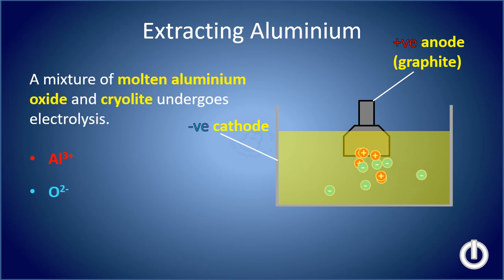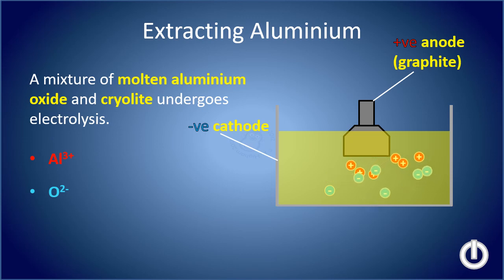The other reason it's expensive is there's another fuel bill, in terms of the electrolysis. We have to provide an electric current for this to work. So there are 2 huge energy bills: one to melt it, and one to generate the current and apply it to the molten mixture.